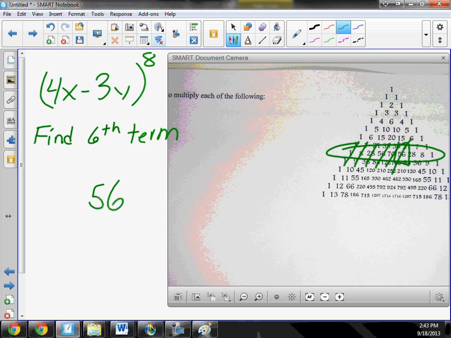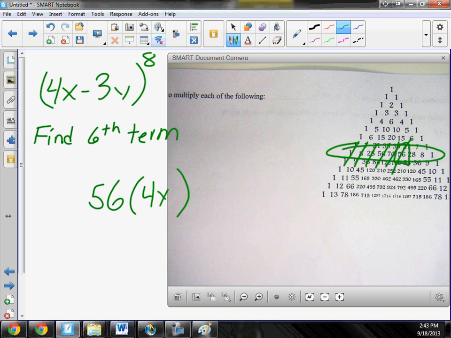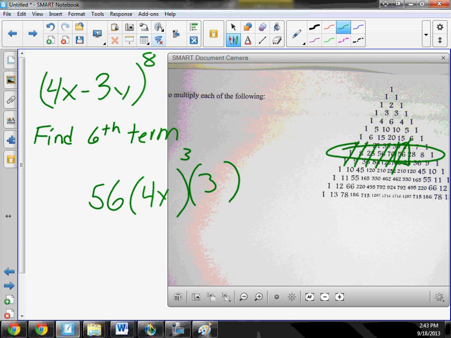Okay? So 56, how many 4x's are there in that 6th term? So 8, 7, 6, 5, 4, 3. So I automatically know how many -3y's there are. There have to be 5 because 3 and 5 is 8.